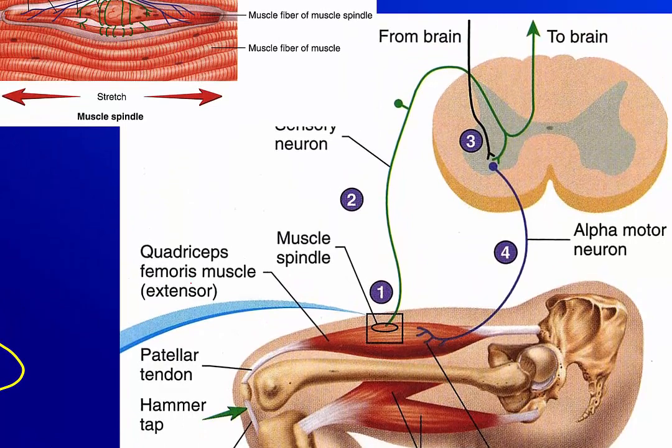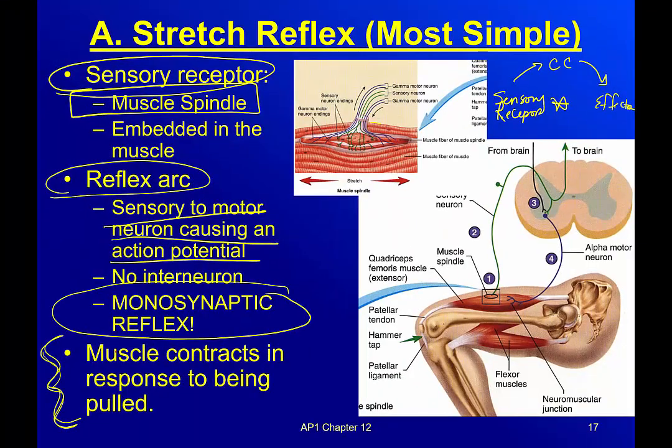Like I said, it's a reflex. It's not something we control. Now, I do want you to notice that, yes, we have this monosynaptic reflex that comes back down, but there is something going up here. You can actually see that. We know that we kick. There is a signal that is sent to our brain to alert us that we just kicked our leg.